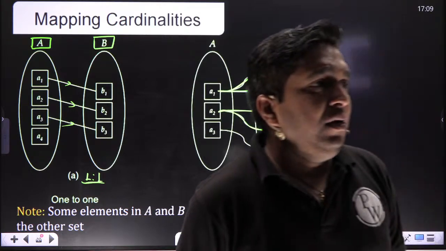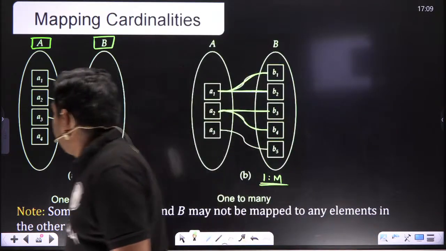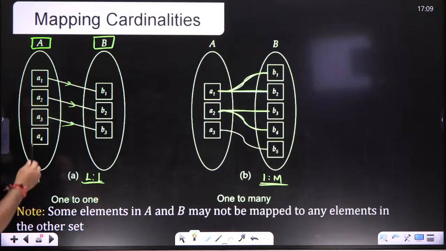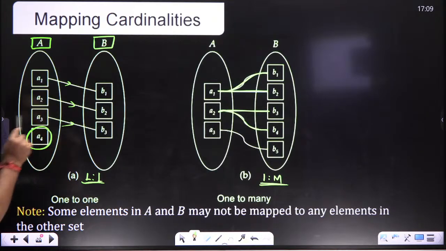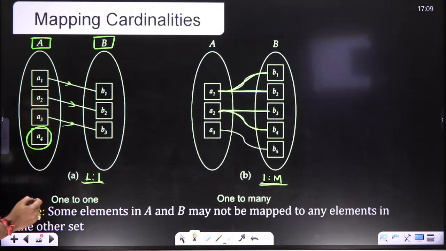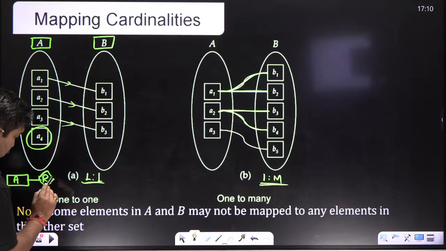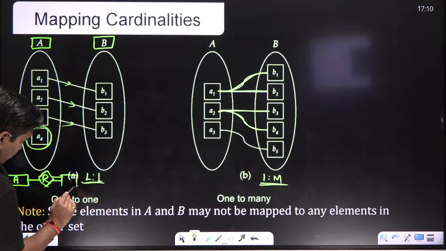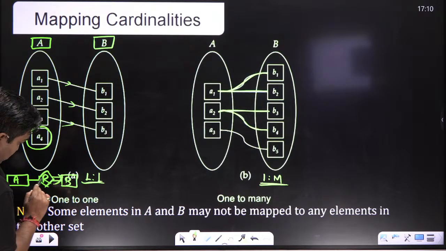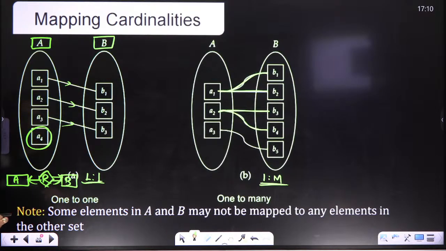In A, partial, because E4 is not participating, and here total. Then how can you write? Here you can write A R B 1 to 1. Clear?